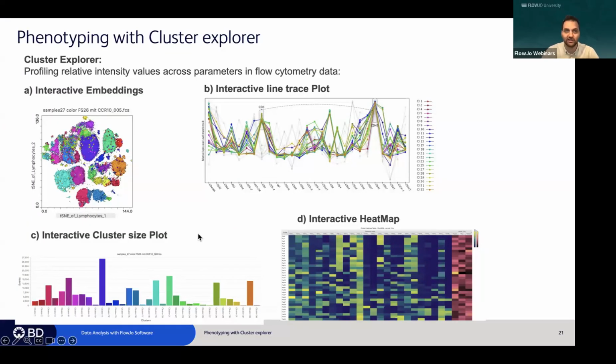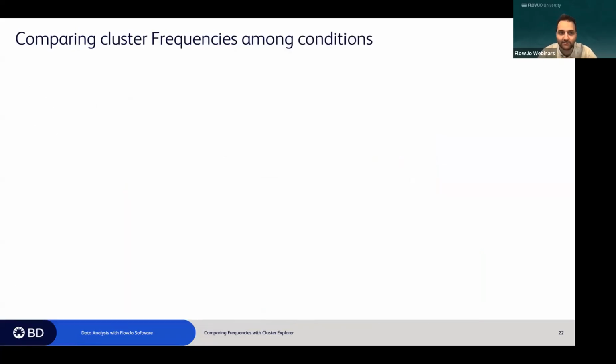Yeah, if you see, for example, two overclustered populations, you will see it really nicely on the interactive line trace plot to have a very matching phenotype, and that could give you the insight you need that tells you that the populations have been overclustered.